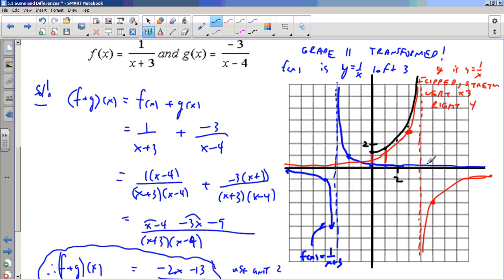And notice here, on the other side, I've got this little tiny blue number added against that bigger negative. Like -3 isn't that big, but you get the idea. And so this line's going to be just a little bit back from the red line. And notice here, it's just going to be a little bit underneath, like this.